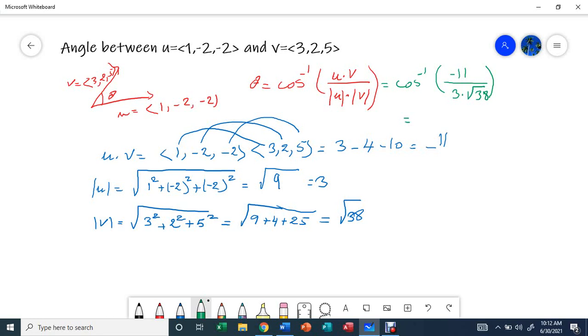If you want it in radians, it will be 2.21 radians. If they ask to find the angle in degrees, change the mode of your calculator to degrees, and it's going to be 126.5 degrees. So this is the angle between these two given vectors u and v, using the formula I just showed you.